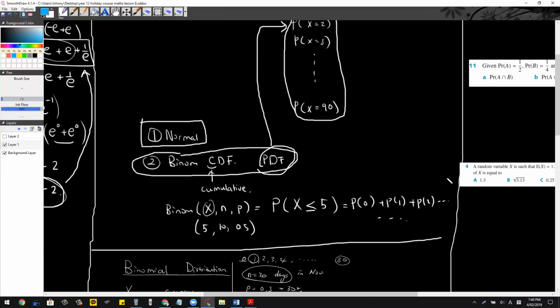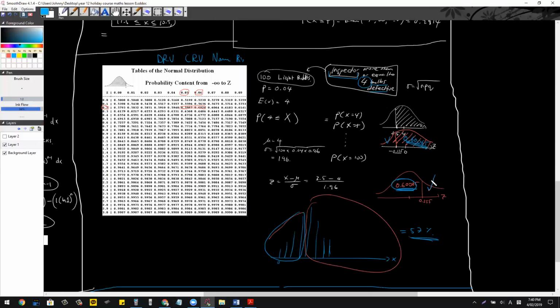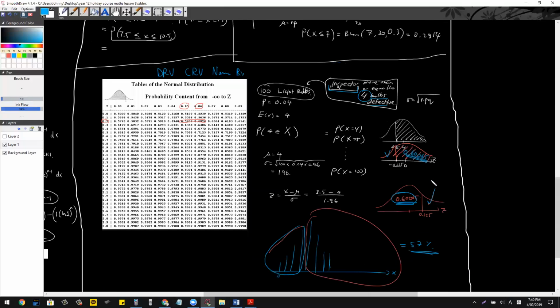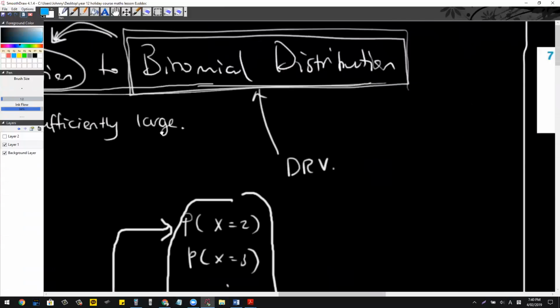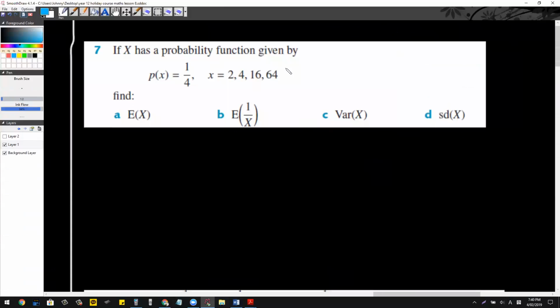So if you guys understand this, now let's move on to these questions. This is about expectation algebra. Just a revision.